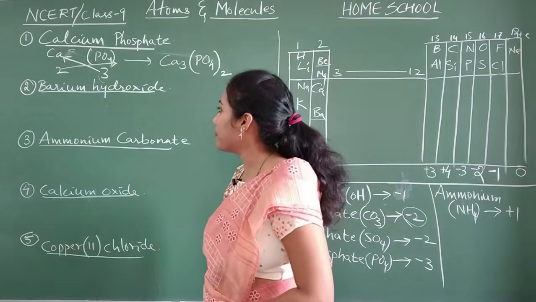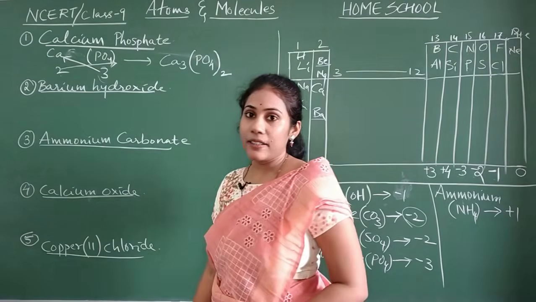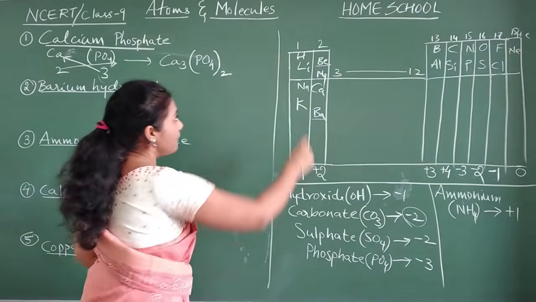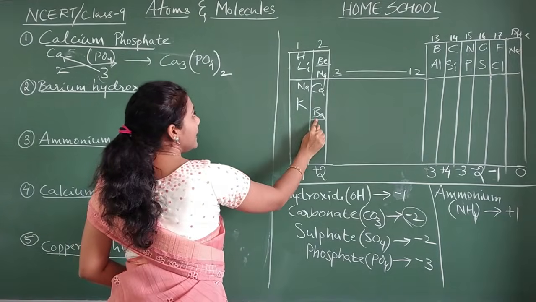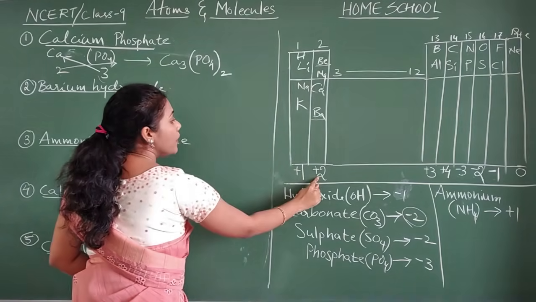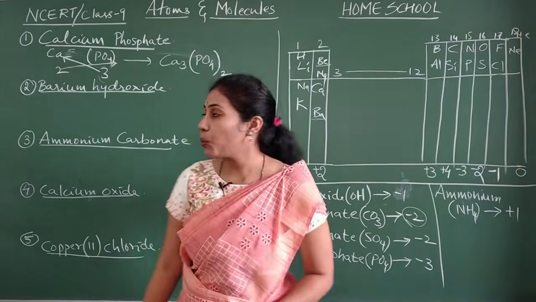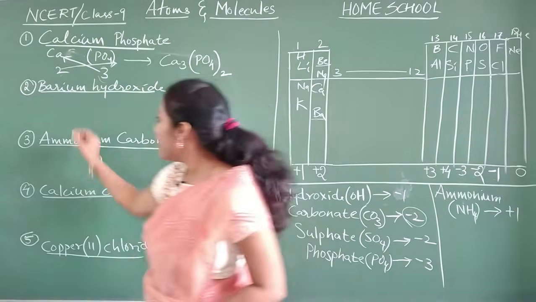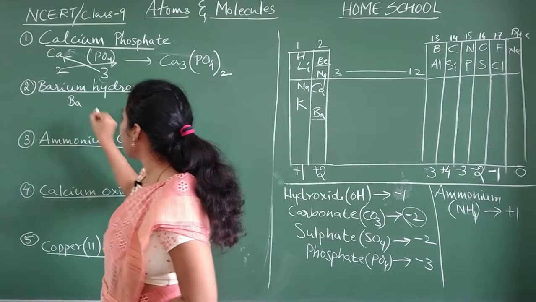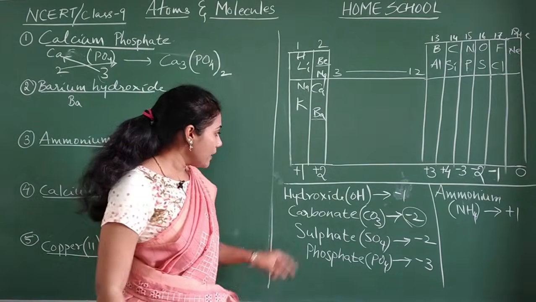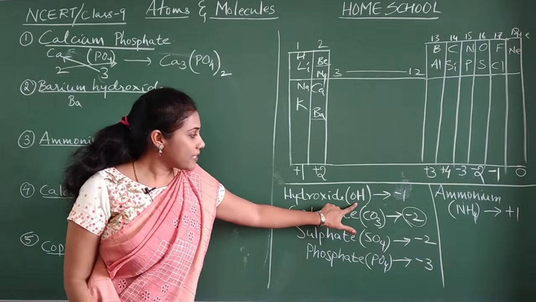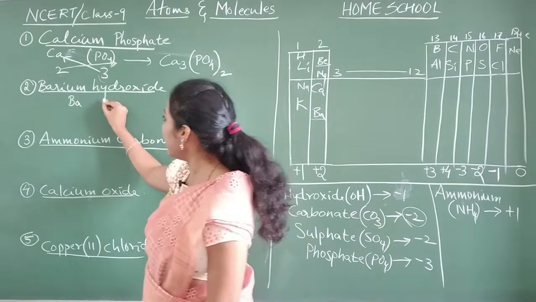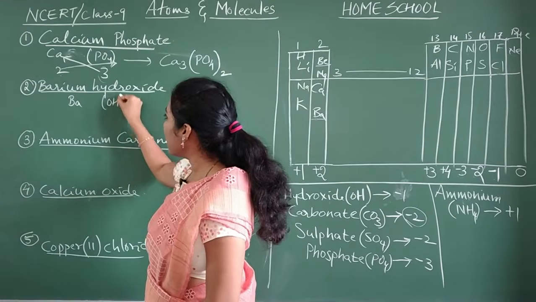Fine. Barium hydroxide. Where is barium? Ba is called barium. It is in the second group. What is its valency? +2. No need to consider the plus, just the digit. So barium is Ba. Hydroxide is again a polyatomic group. What is its symbol? OH, isn't it? Mention it in brackets.